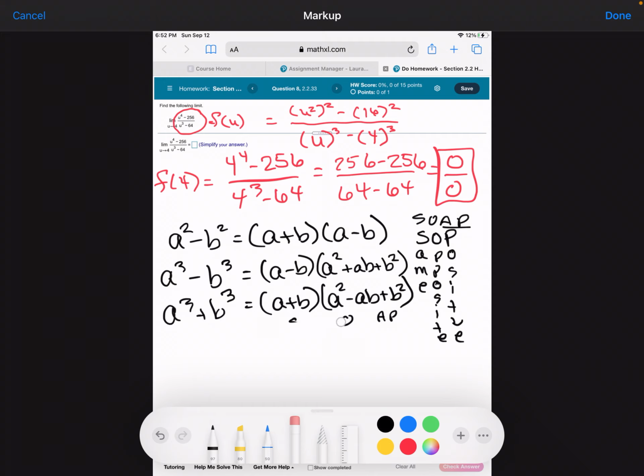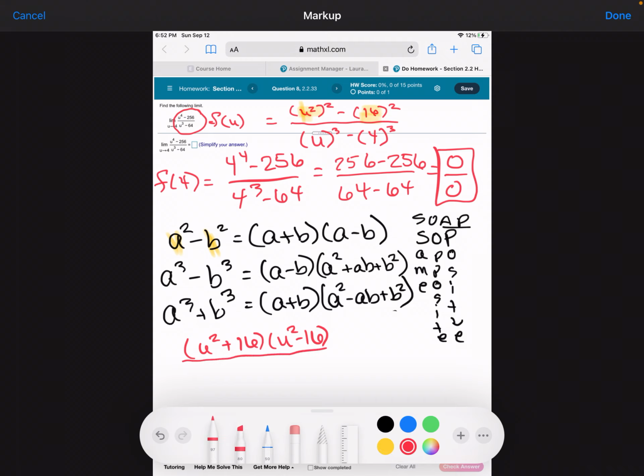Now that we know how to factor it, let's go back to our problem. What we have here is u squared plus 16 times u squared minus 16. That's our difference of squares from the top. The things inside the parentheses are your a and your b, so our a was u squared and our b was 16.